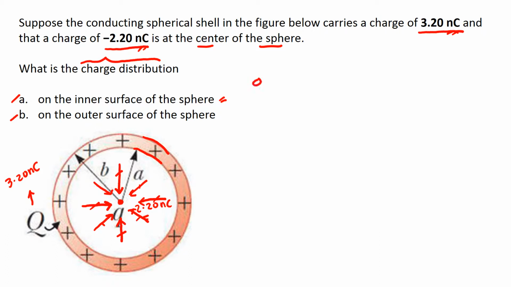And if we define electric flux as electric field times area, and this electric field cancels in all directions, then we could say that the net electric flux is equal to 0. According to Gauss's law, electric flux is equal to Q enclosed, or Q inside the Gaussian surface, divided by permittivity.